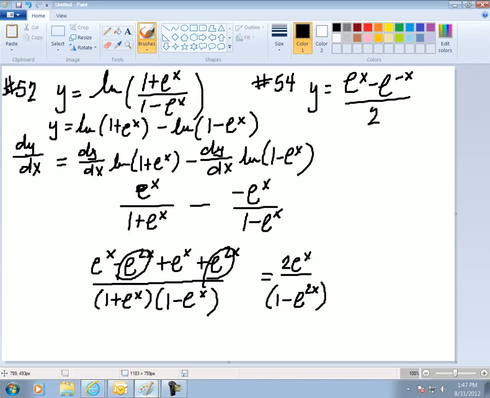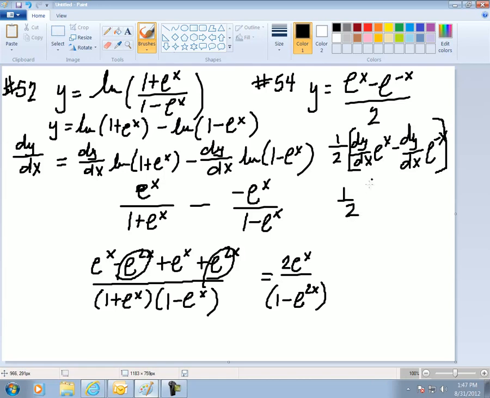Okay. And now in my last example, recall that we can pull a constant out front, so we can pull the 1/2 out front, and then we can just take the derivative of e to the x minus the derivative of e to the minus x. So we've still got our 1/2. It's going to be out in front of this whole thing because we factored it out.